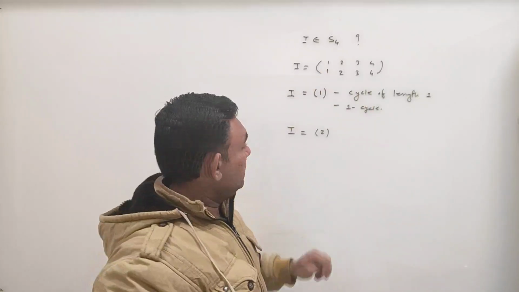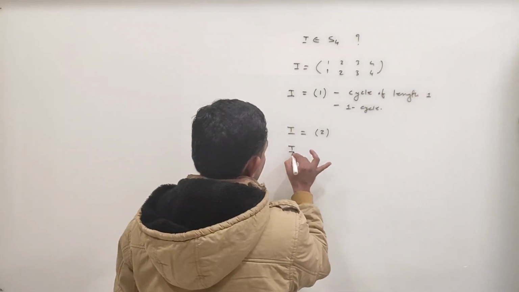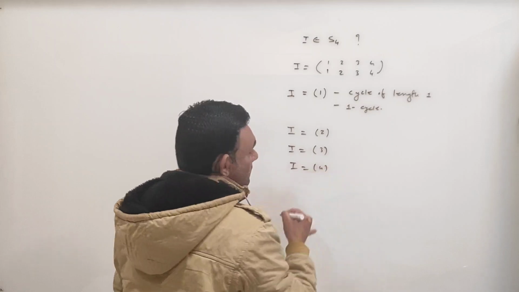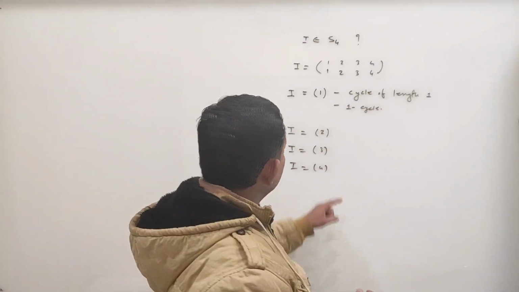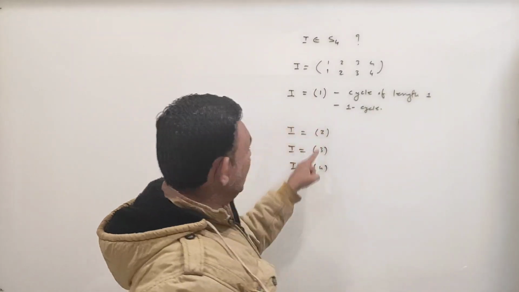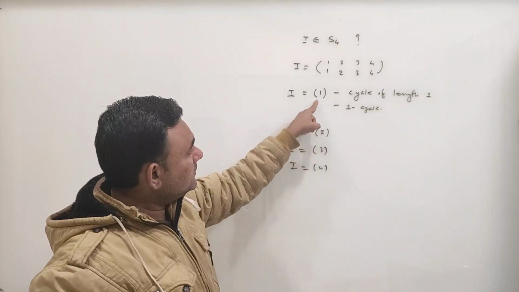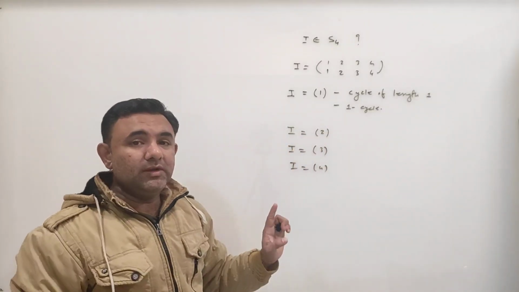So I can write I in this way also. So I can write the identity element in so many ways, and each is a cycle of length 1.